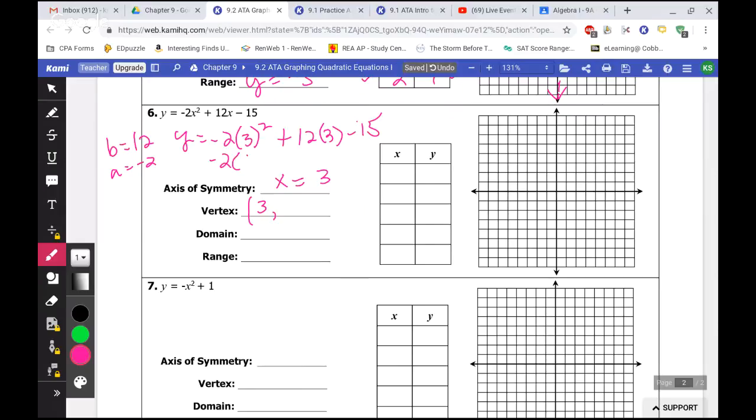So -2 times 9 plus 36 minus 15. So -18 plus 36 minus 15. So that's going to be 18 minus 15. So that's 3. So the vertex is (3, 3).